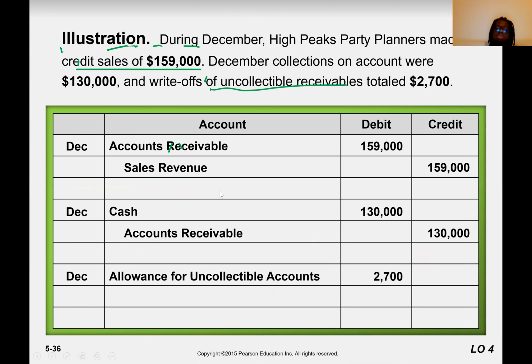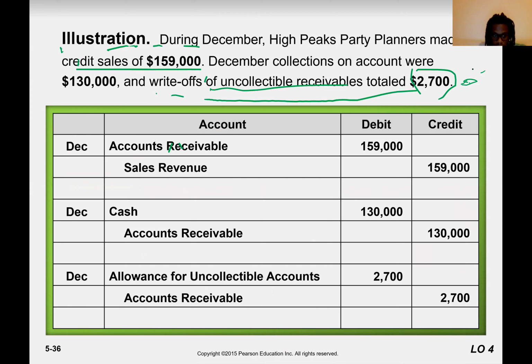Now what happened? Allowance for uncollectible. How do we charge this write-off? We just charge it to allowance for uncollectible to accounts receivable. Simple.